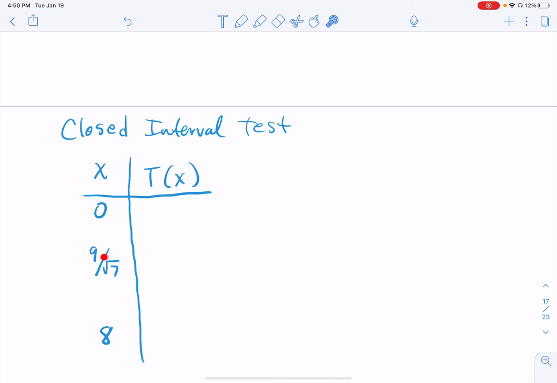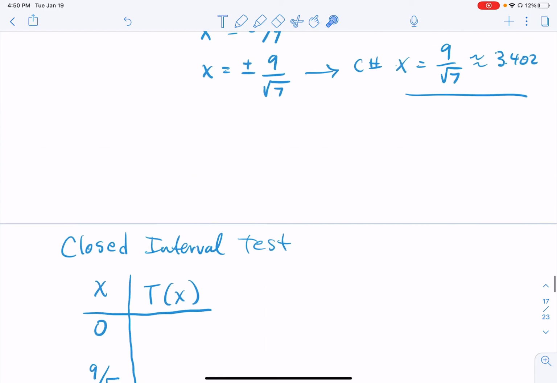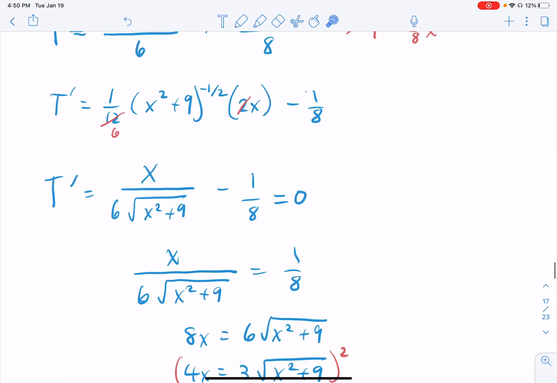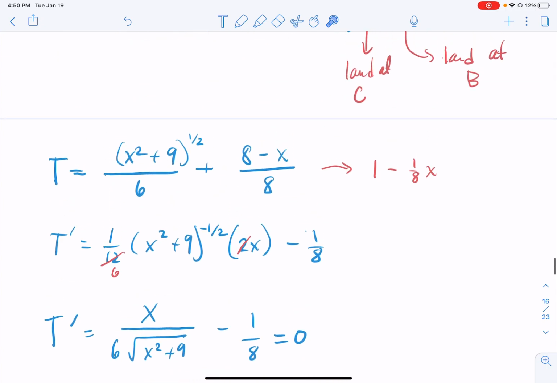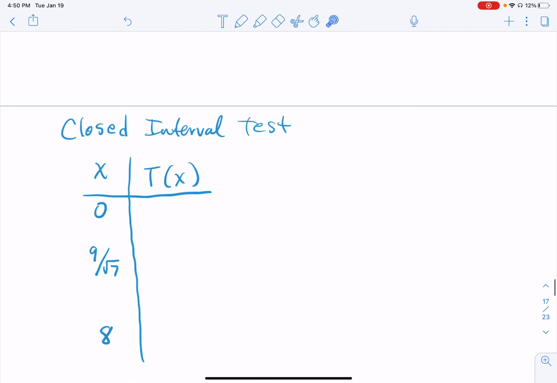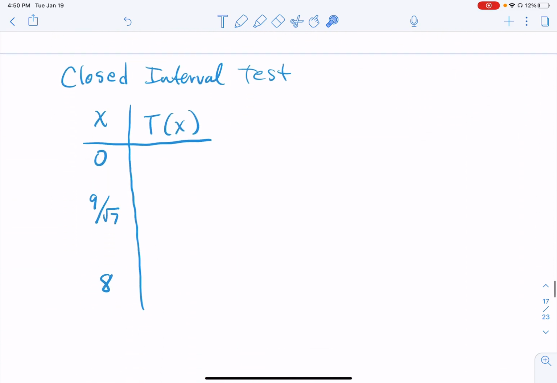You're going to take each one of these x values and plug them into our time equation, not the derivative, plug them into the time equation right here. So this is a good place for us to stop this video so you can go ahead and plug and chug, as Mr. LeBeau would say, and fill out the rest of this table. We'll pick it up there in the next video.